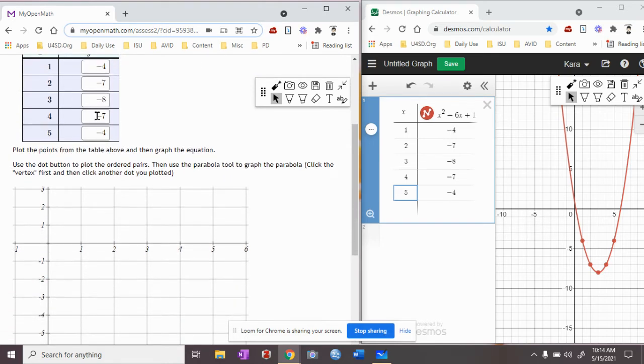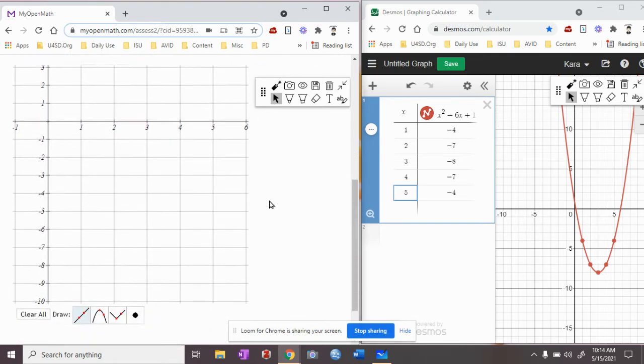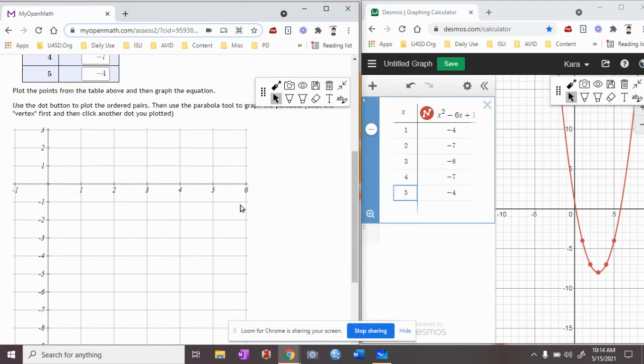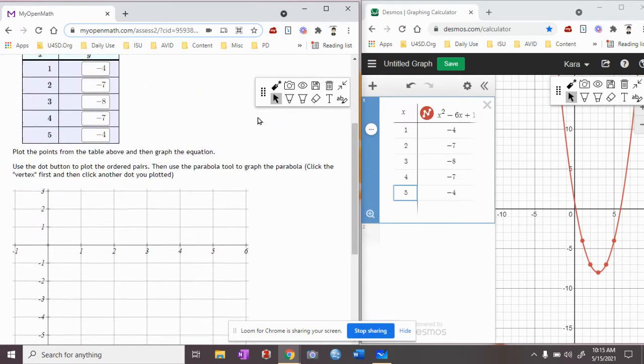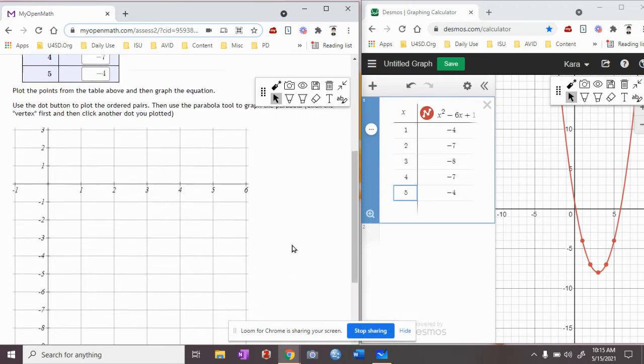Now I'm going to graph these points. If I come down here, we are going to use the dot button to plot the ordered pairs and then use the parabola tool to graph the parabola. Click the vertex first and then click another dot that you plotted.